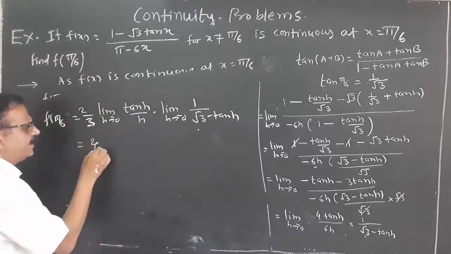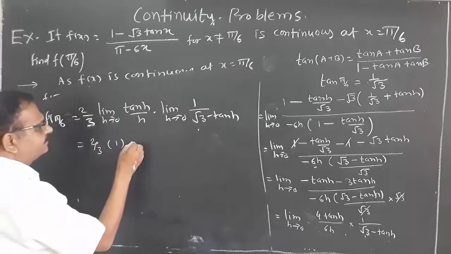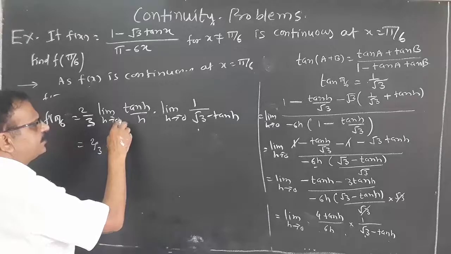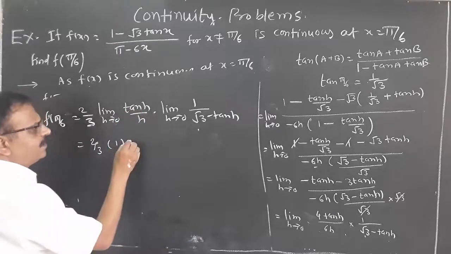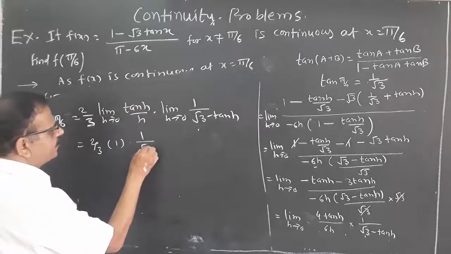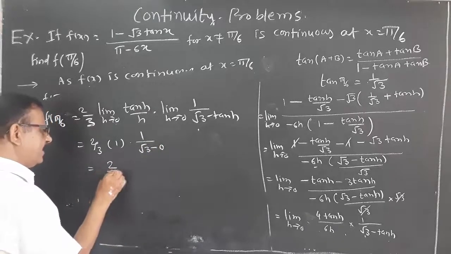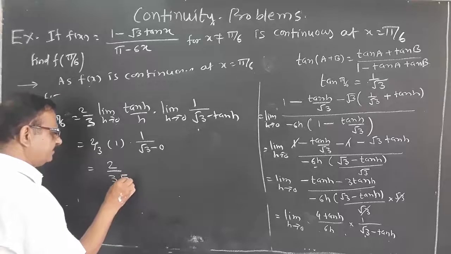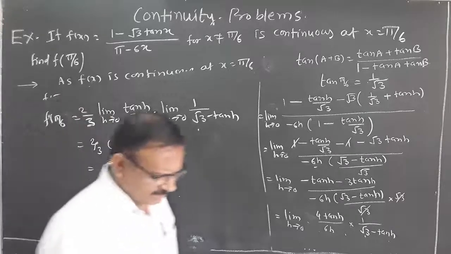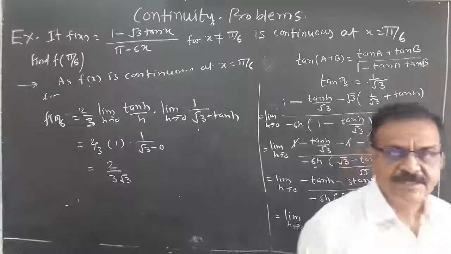That is nothing but 2 by 3 into 1, since limit theta tends to 0 tan theta by theta is 1, into 1 divided by root 3 minus tan 0, which is 0. That is nothing but 2 by 3 root 3. This is the f of pi by 6.